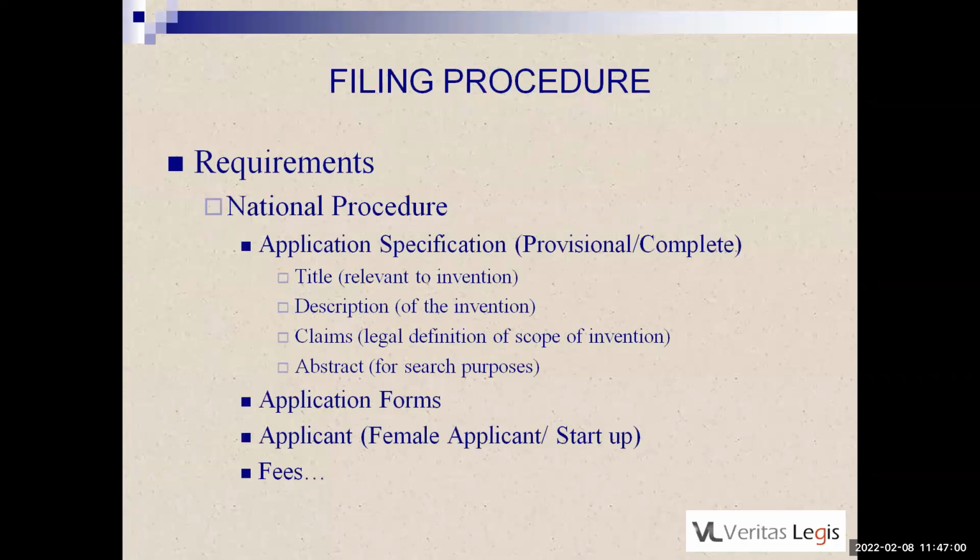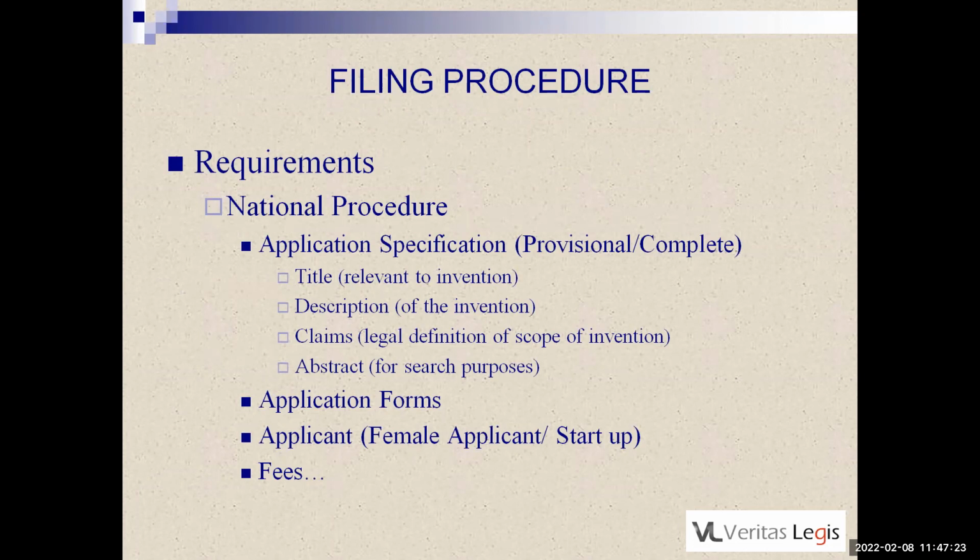Now, the filing procedure, basically, what are the requirements? How to file a patent application? What are the requirements for that? For filing a patent application, there is a process, like application specification. The application specification can be provisional or complete.